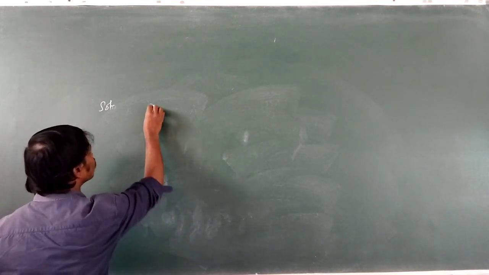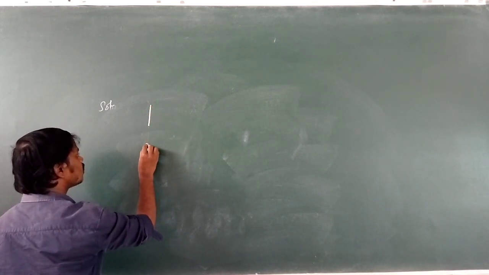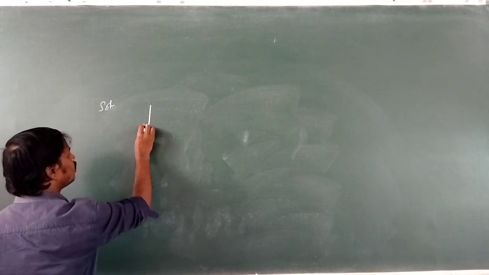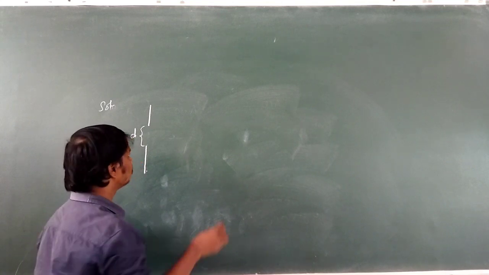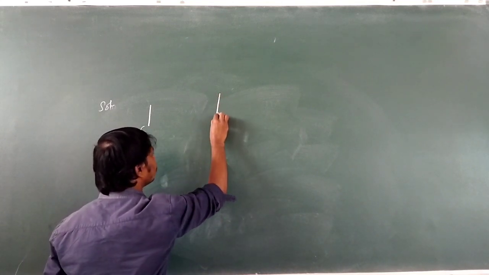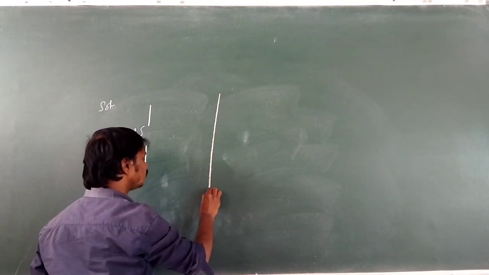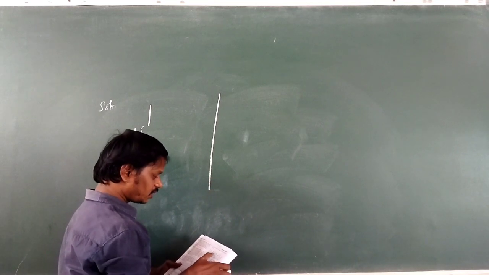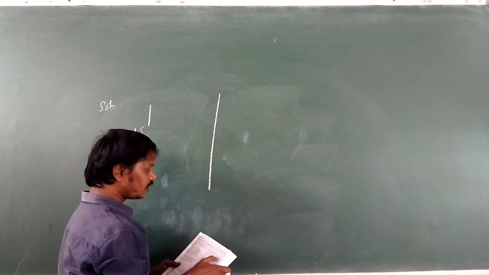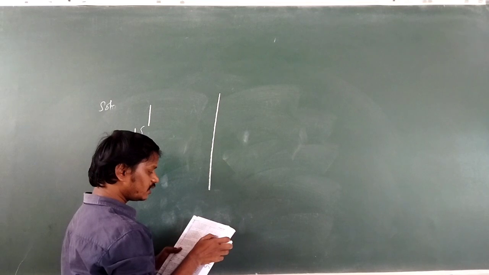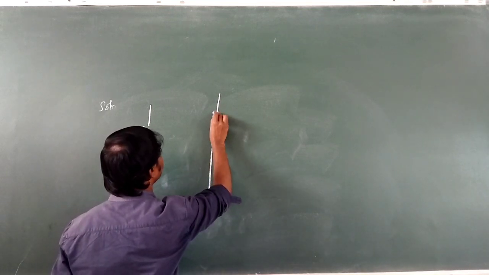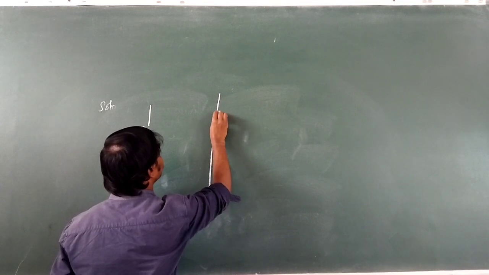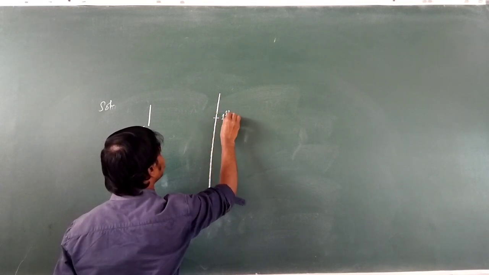Here it is a single slit and it is the width of the slit. Width of the slit you can take D or a. Then it is the screen. Then the first minimum of diffraction pattern is observed to lie at a distance of 5 millimeter. I will take it as first minimum.